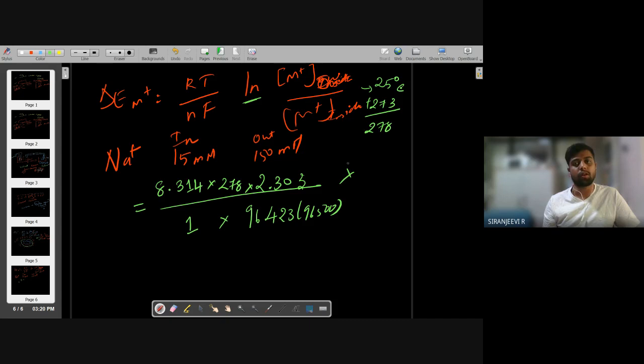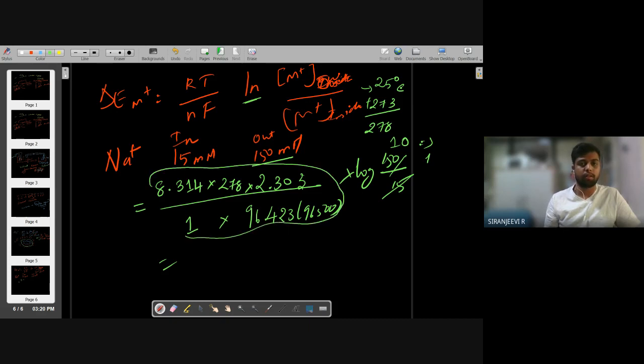So if you put the log value, outside is 150 and inside is 15, then we get log 10, and the log 10 value is 1. If you simplify all the data, we get around plus 58 to plus 60 millivolt.